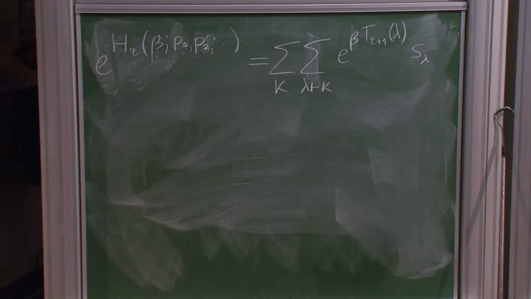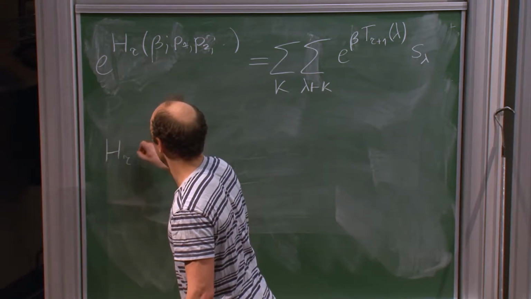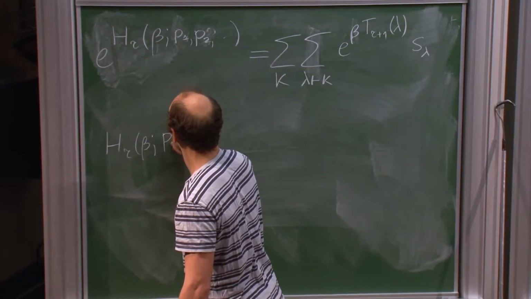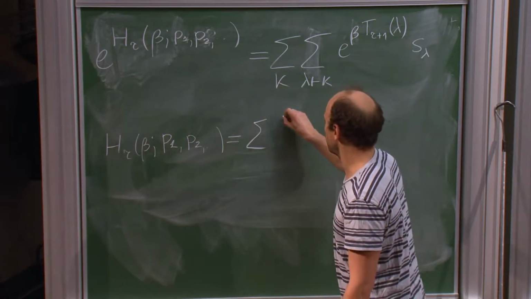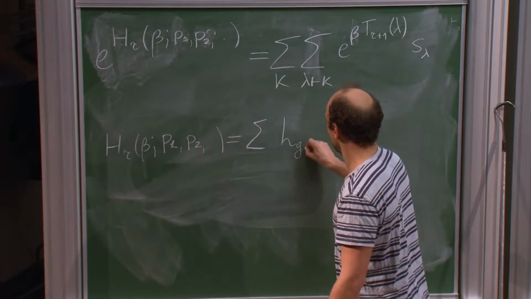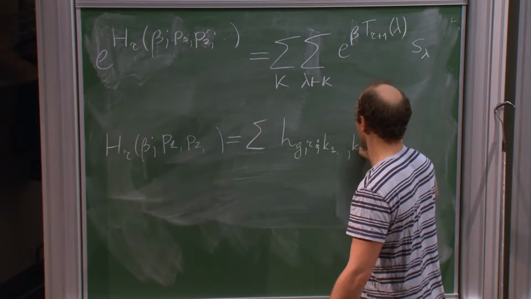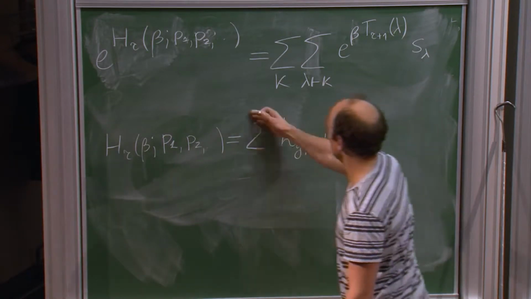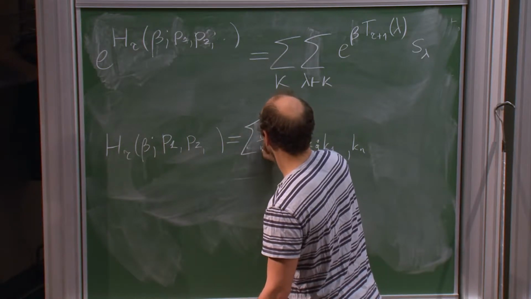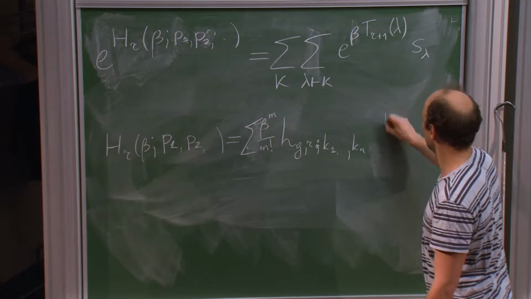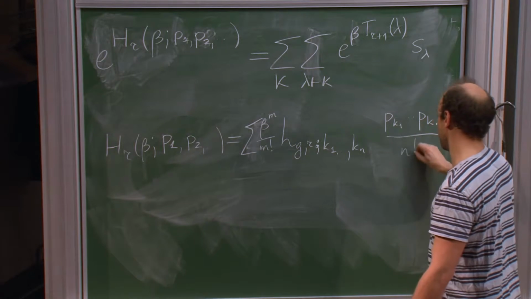That gives me a new power series, and its coefficients of b1, b2, and so on are called r-spin Hurwitz numbers, k1, kn. Once again, here I should write beta to the m divided by m factorial, and here p_k1, p_kn over n factorial.